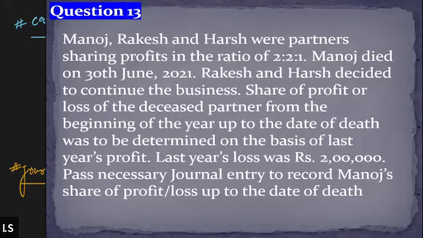Tell me the entry. Manoj's capital account debit 20,000 to P&L suspense account 20,000. That's right.